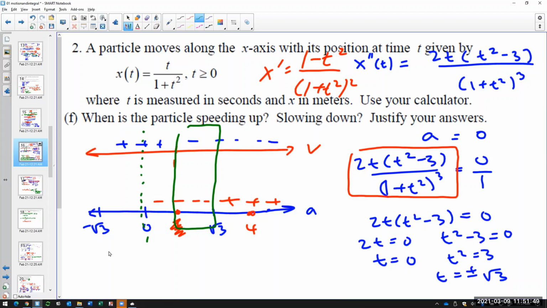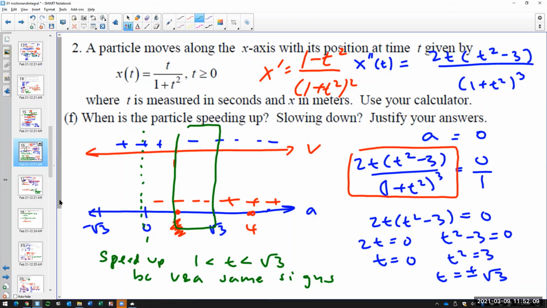Okay, so that's your answer. Speeding up, okay, when t is between 1 and square root of 3. What's the justification? Because velocity and acceleration have the same signs. And notice I only use the key words. You don't have to put all those middle words in there, okay?